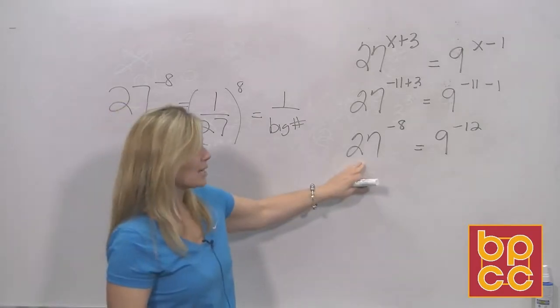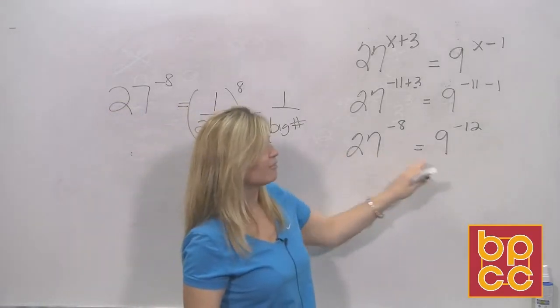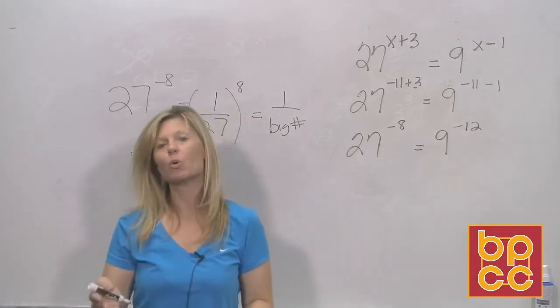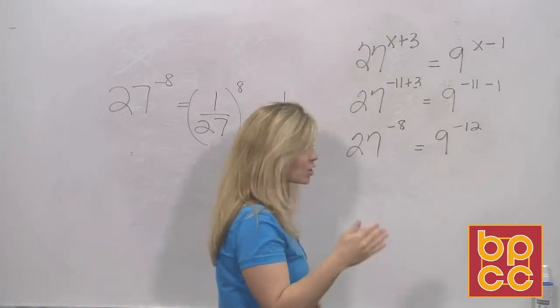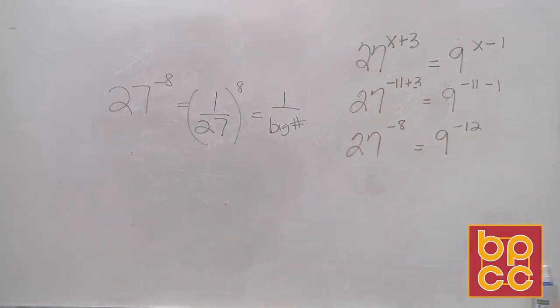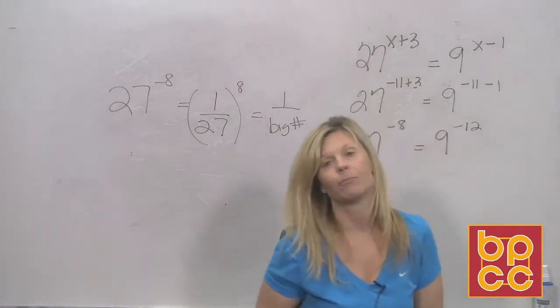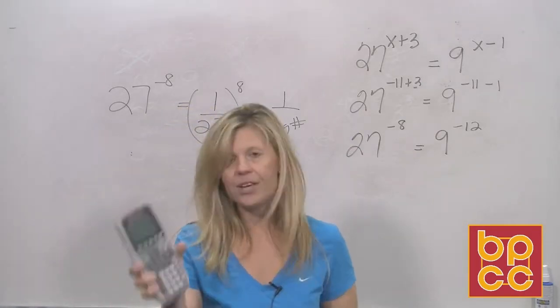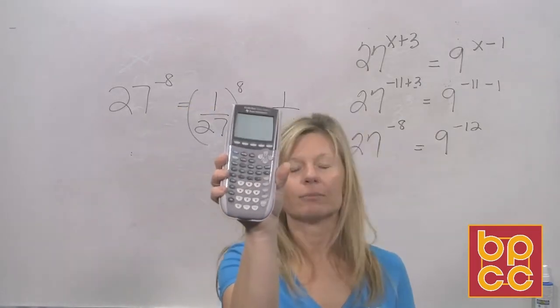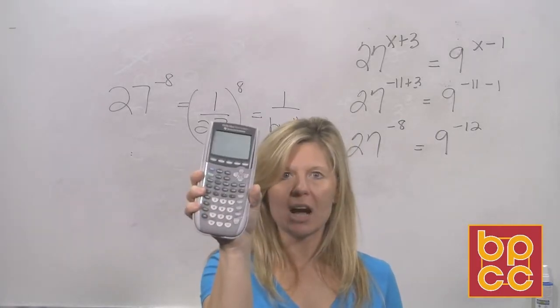Now, to make sure that we truly have the right answer and this balances, here's where you're going to need a calculator. So, for module 11 and 12, you're going to need a calculator. Now, there are many calculators out for you to use. This is a graphing calculator, okay? These run about $100.